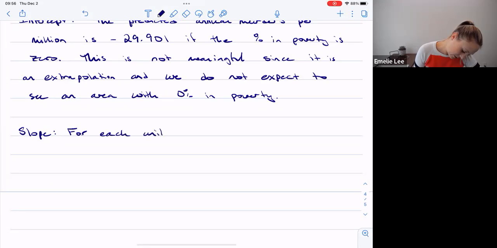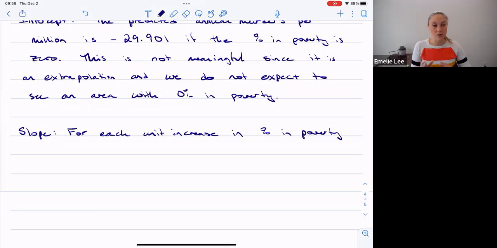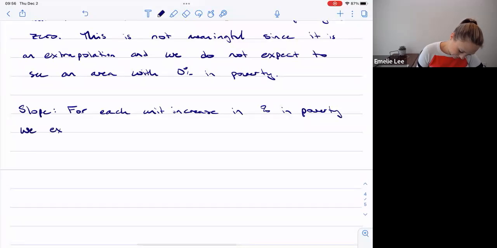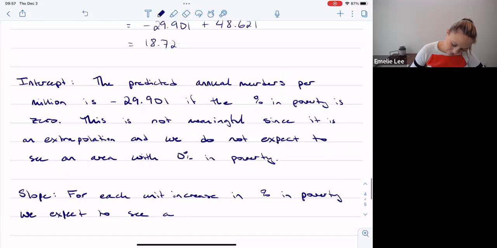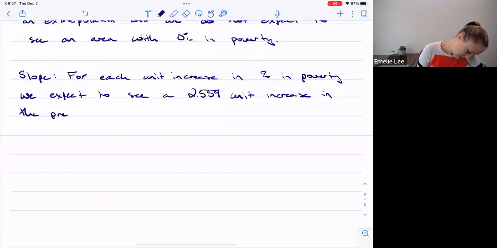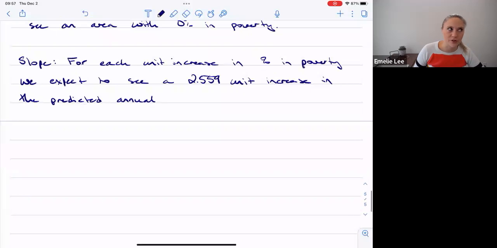For each unit increase in percent in poverty, notice how I just replaced the generic X by what the actual variable is, we expect to see a 2.559 unit increase in the predicted annual murders per million.